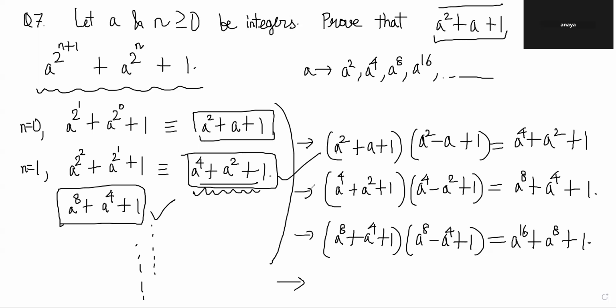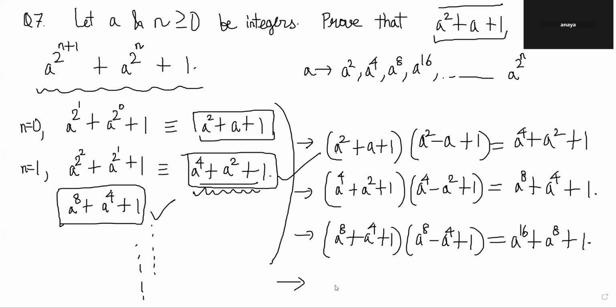So ultimately, the last one will be to replace a with a power 2 power n. In that case, you will get the last one. Let's write the last term: a power 2 power n, but square of that.